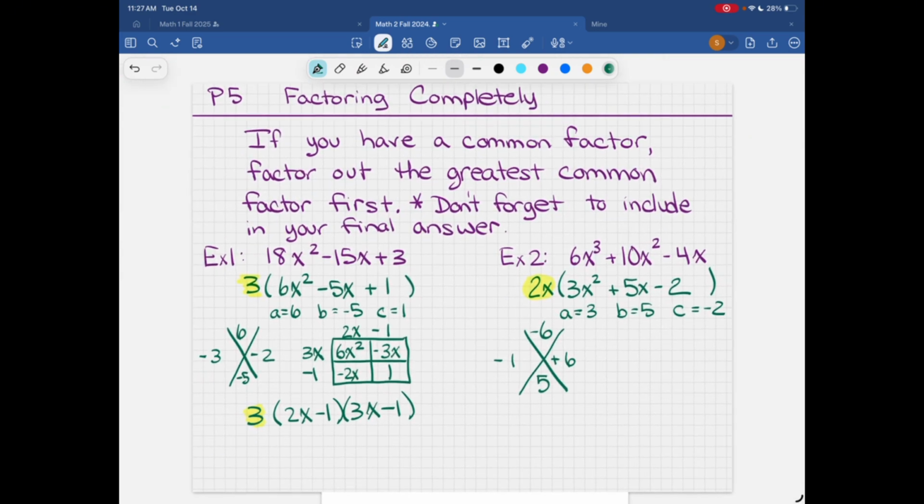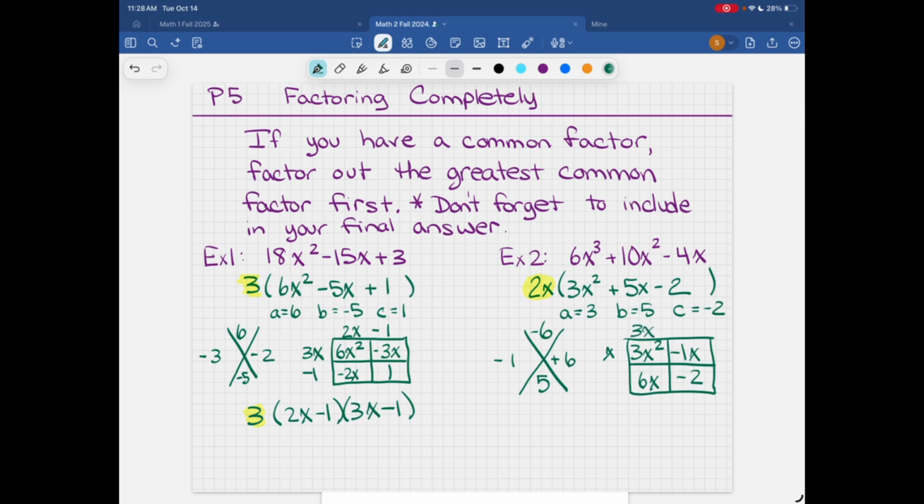Excuse me there. So I'm going to make my box. And inside my box, I'm going to put my 3x squared. I'm going to put my negative 2, and I'm going to use my factors from my diamond problem, negative 1x and 6x. Okay, so I have 3x squared minus 1x, and in the top row, the only thing I have in common is an x. So x times what is 3x squared?